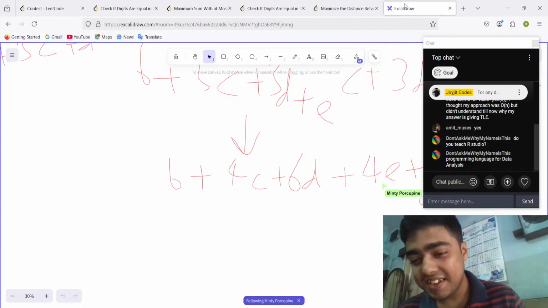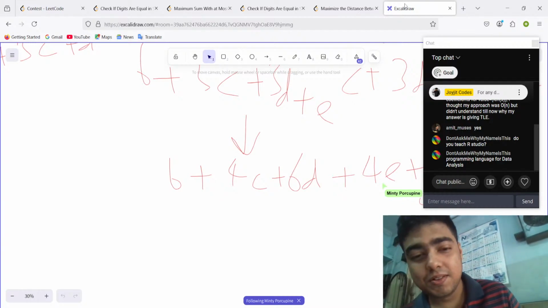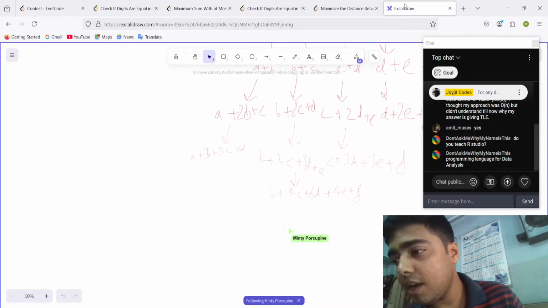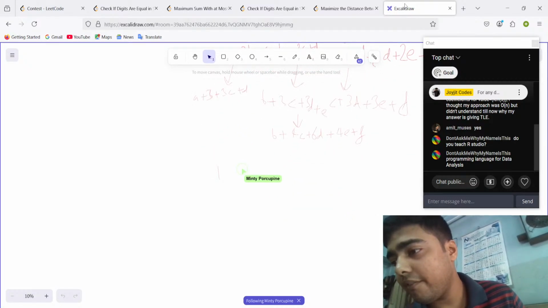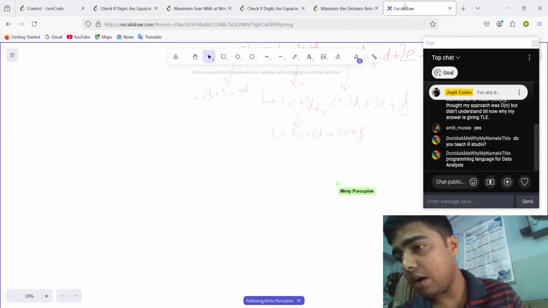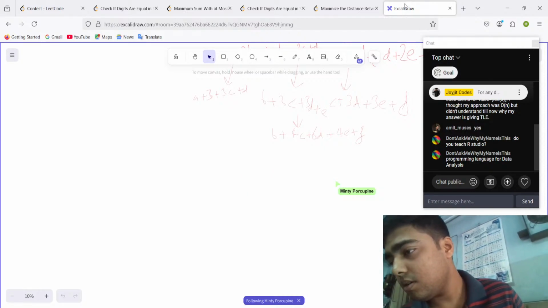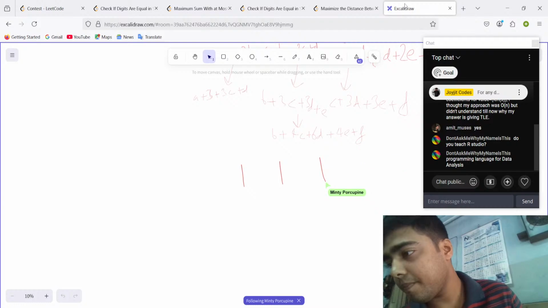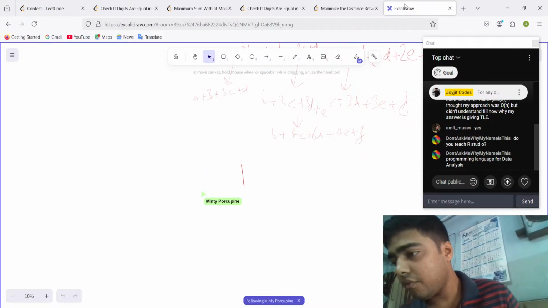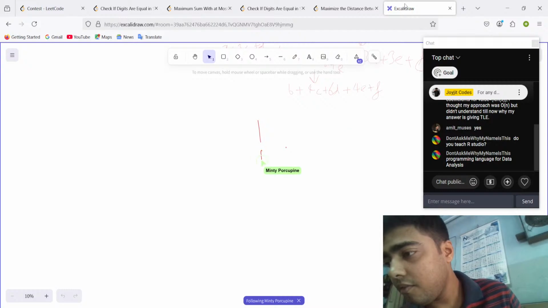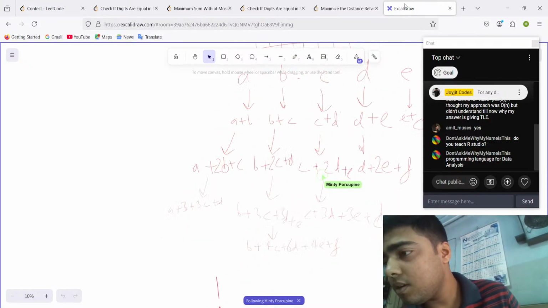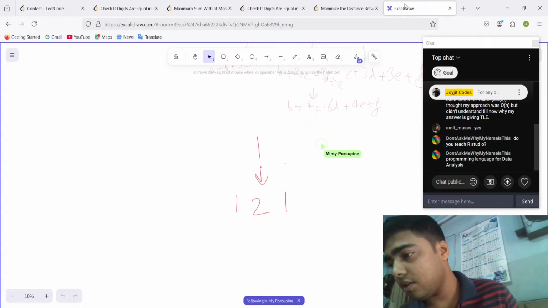Okay, so you can see there's a pattern, right? What was the pattern initially? Initially the pattern was 1. Everything was 1, right? So initially the elements were 1. From that 1, we got 1 1.